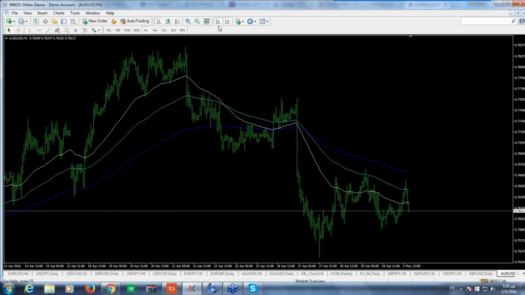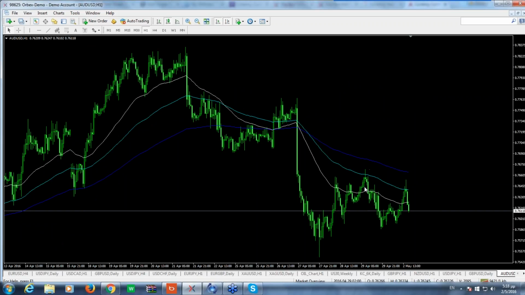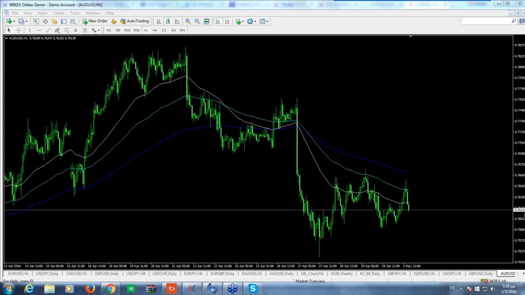If I zoom in a little bit on the candlestick chart, you can see loads of resistance coming downwards. Now let's look at the price. 0.7611. So it's about 9 pips or so under the 20 side number, so it's signaling a downward move. We've got longish bearish strong candles here as well.